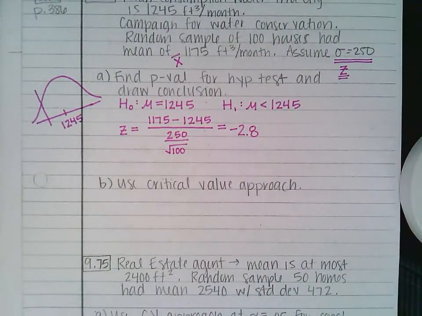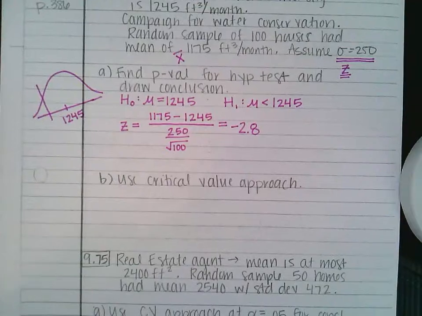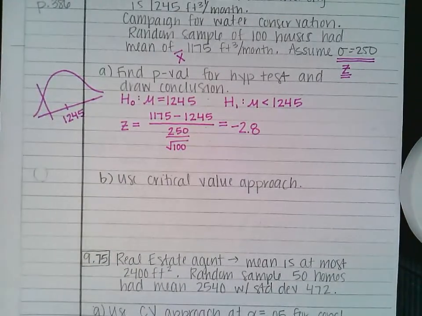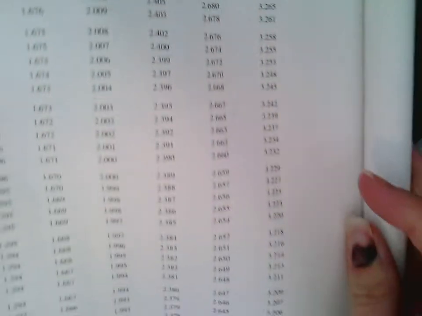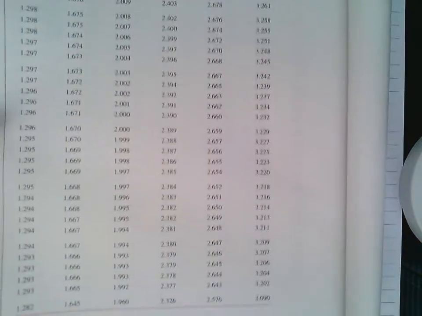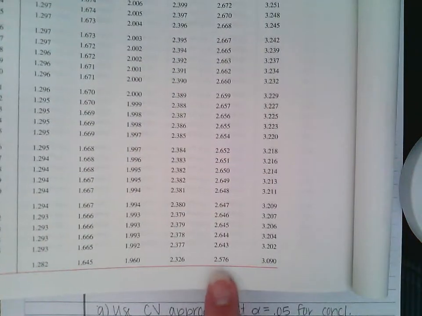Now, it wants us to use the p-value approach first, and then we'll also do the critical value approach. So I'm looking on my t-chart under the infinite row here because that's actually your z-chart. It's a little bit of a trick. Another trick is that your t-distribution is only your right-hand side, so we're going to look at this in absolute value.